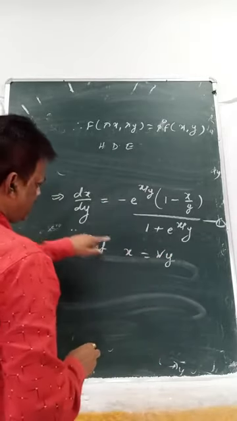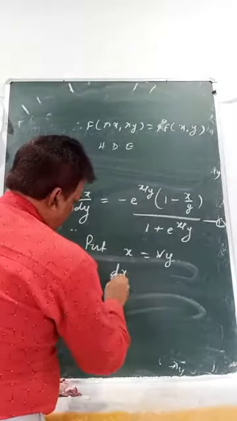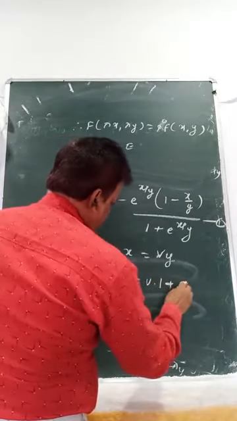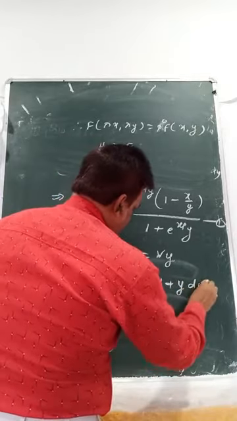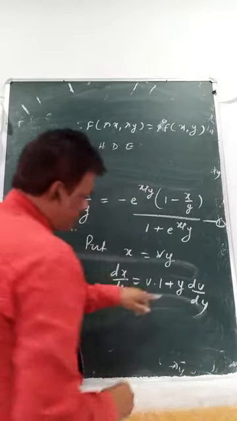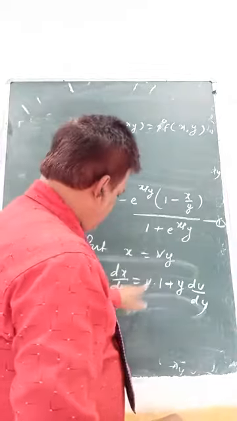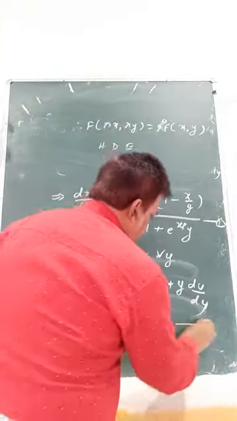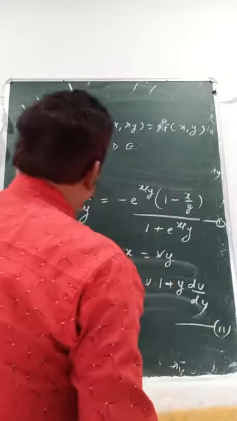So find dx by dy. dx by dy is v into 1 plus y dv by dy. y dv by dy, not dx, because with respect to y you are doing. Equation number 2.